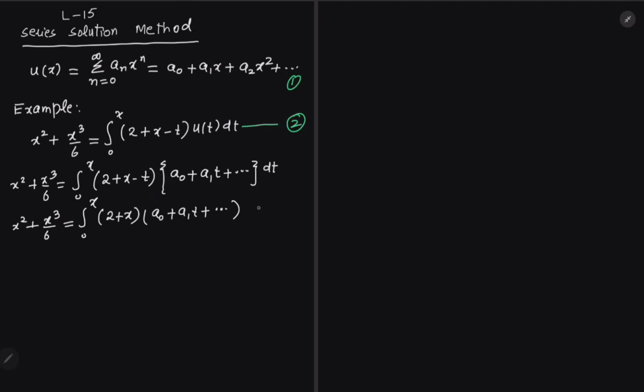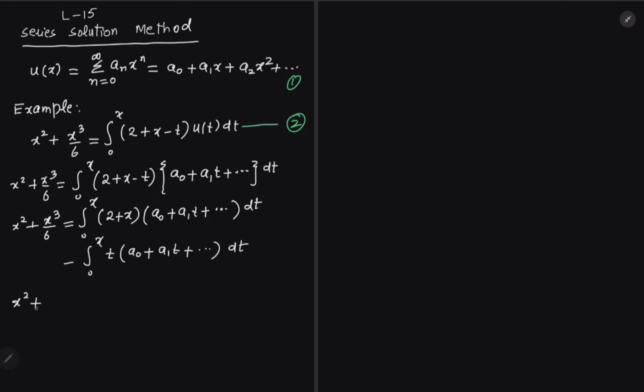So how many terms you want to take is up to you, where we have an exact solution, dt, and now we multiply this minus t minus the integral from 0 to x of t times a naught plus a1t plus so on dt. Next, we just need to integrate and get the answer.